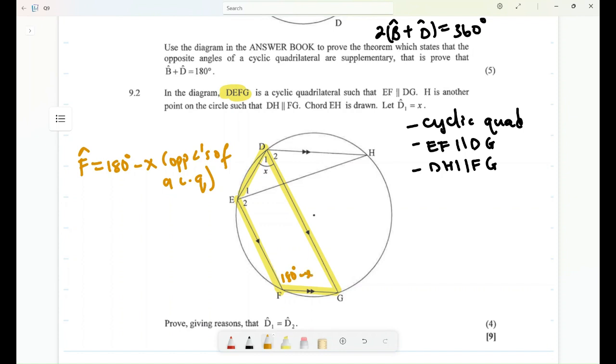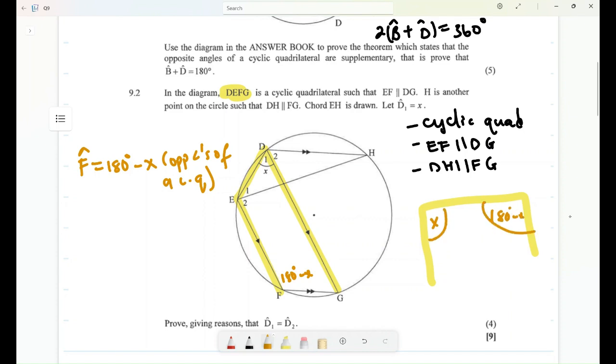Then another thing that I can get: if these two lines are parallel and I have a line like that, do you all agree with me that this property says this angle plus this angle should be equal to 180?